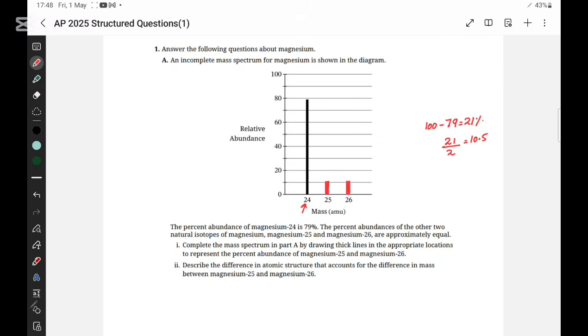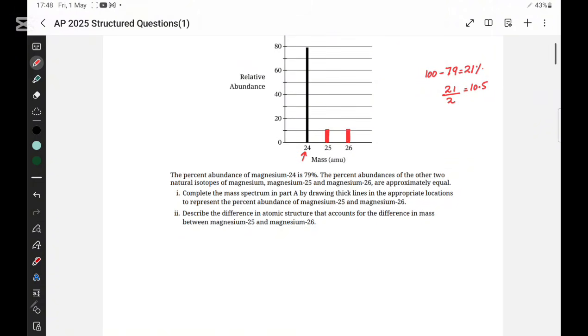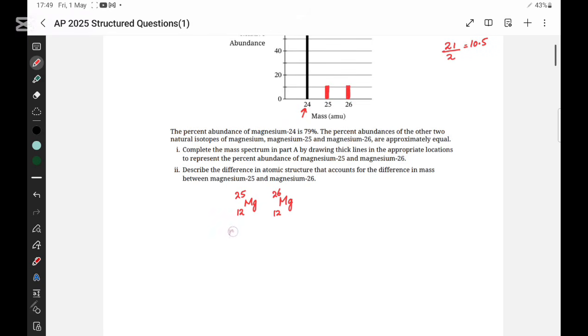like this. So the next question is saying, describe the difference in atomic structure that accounts for the difference between magnesium-24 and magnesium-26. So both have atomic number 12, one with mass 25 and the other magnesium with 12, 26. If we count their number of neutrons, that is atomic mass 25 minus 12, which comes out to be 13.